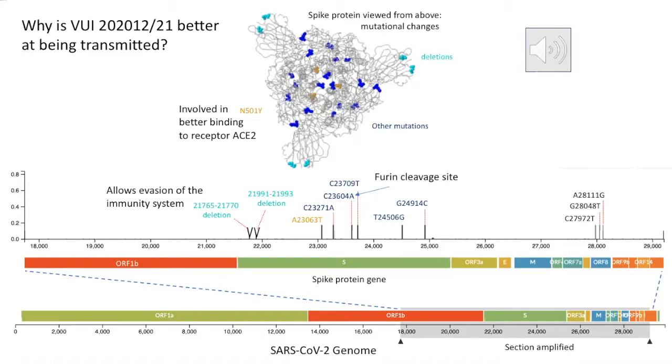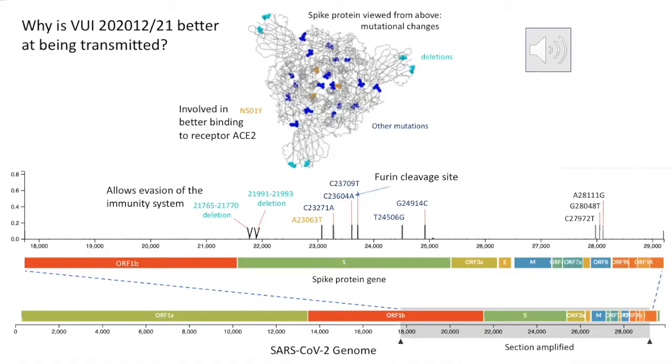It allows a greater efficiency of entry of the virus into the host cell, and it allows the virus to go undetected by part of the immunity system. These three things alone would suggest the reason why this particular lineage has spread so rapidly throughout the country.